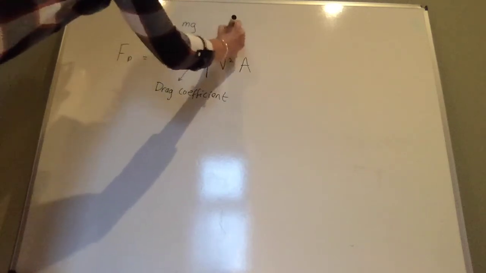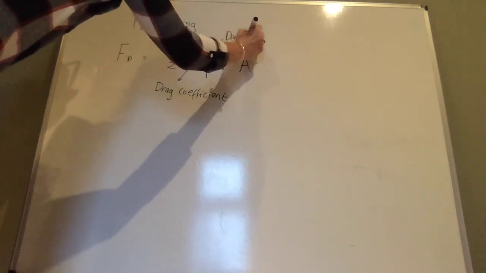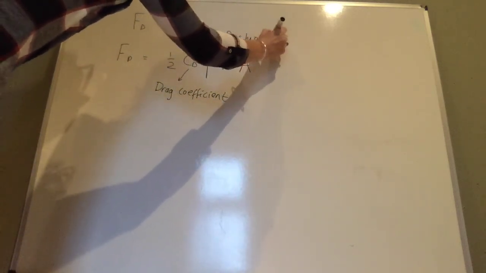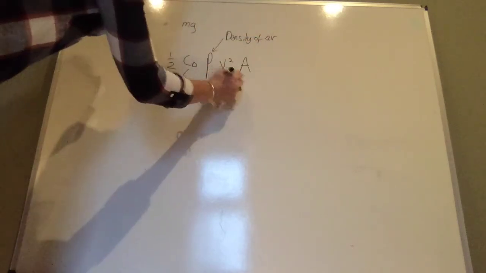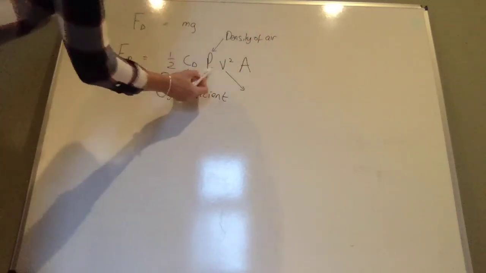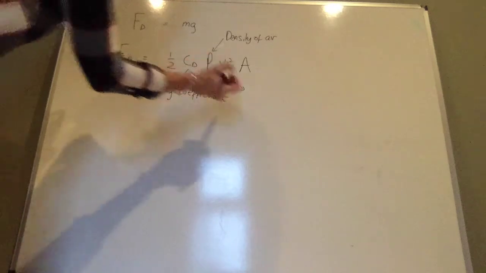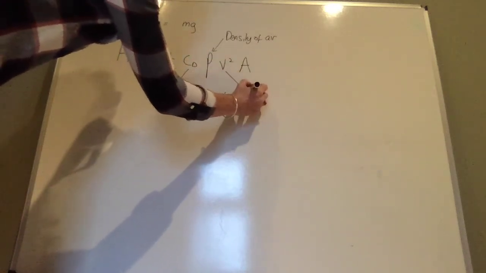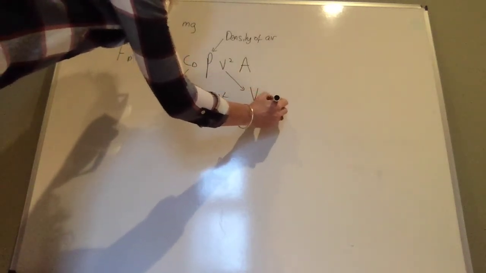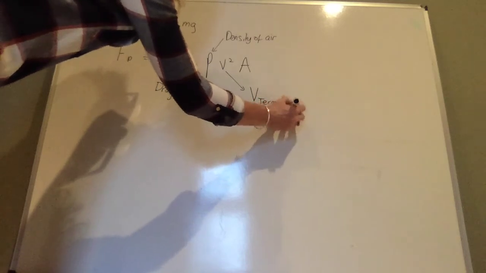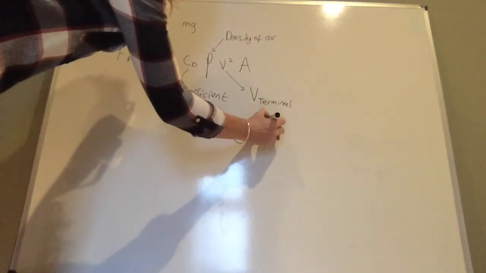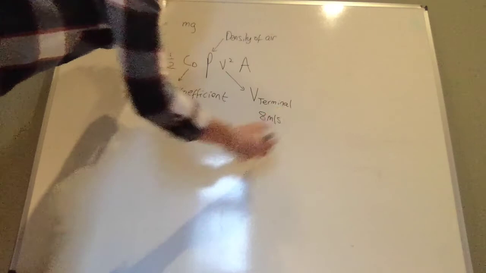Rho is the density of the air in which the parachute is falling. V squared, well, when we want FD equal to mg, that V in the V squared is going to be the terminal velocity that we would require. In this case, we're going to use a terminal velocity of 8 meters per second.